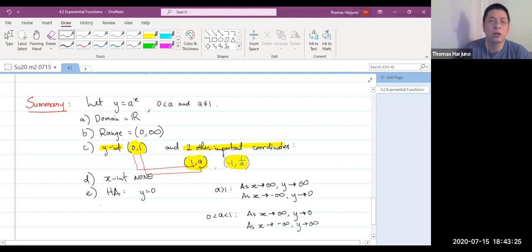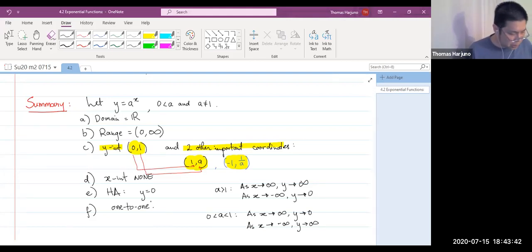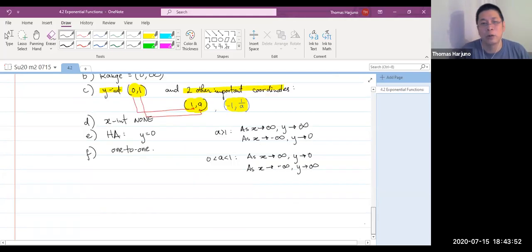Either way, the function is 1 to 1. Either it is strictly increasing or strictly decreasing. Either way, it is 1 to 1. Now, that's the property that I would like to use now to solve some basic exponential equations.